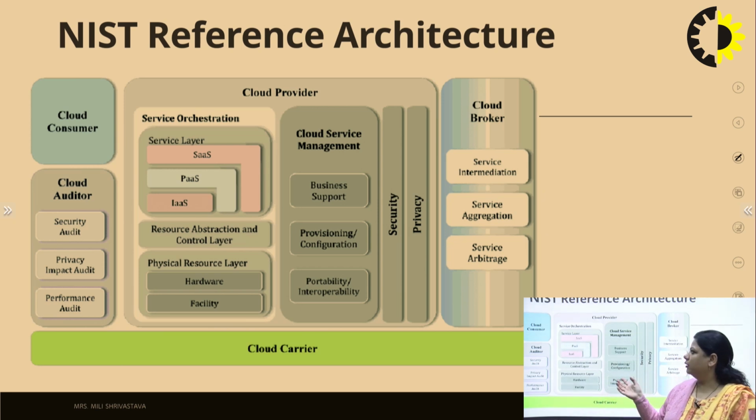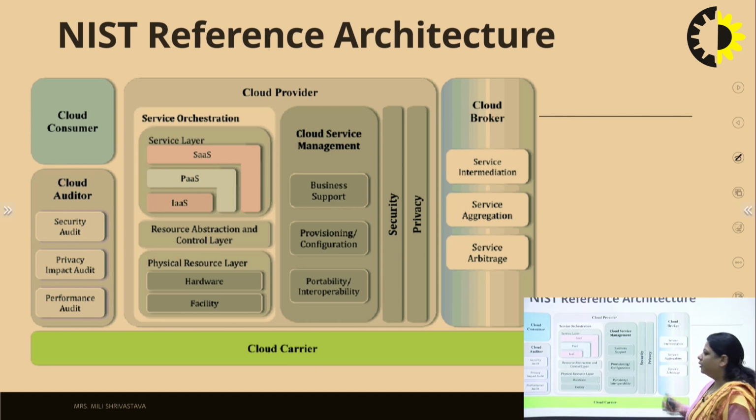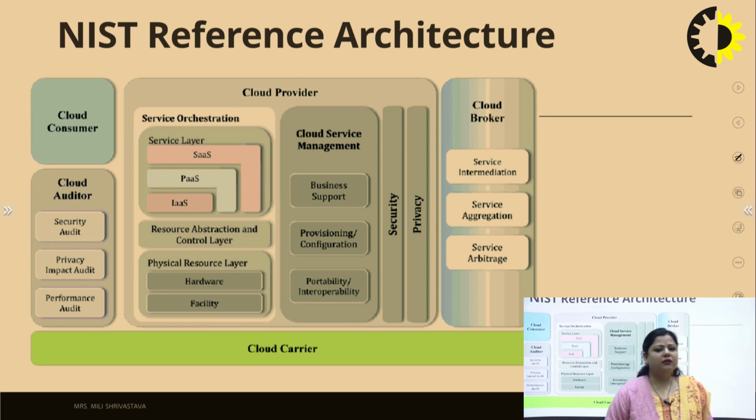Now the cloud broker is very helpful in service selection, cost optimization and customization. This will be helpful in service selection and cost optimization, like whatever cost the consumer wants to pay, and they need cost optimization and customization of the service.